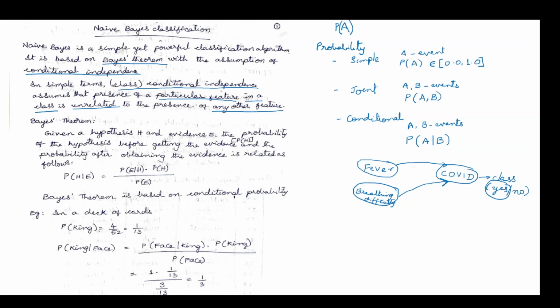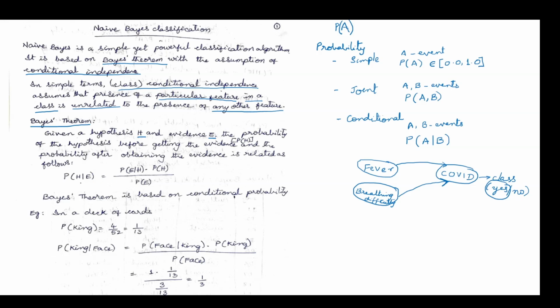Now if we look at the actual Bayes theorem, it reads, given a hypothesis H and an evidence E, the probability of the hypothesis before getting the evidence and the probability after getting the evidence are related as follows.